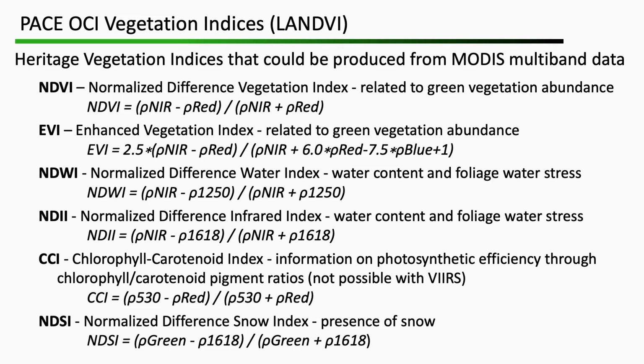NDWI and NDII make use of the near IR and SWIR bands to detect water content and amount of foliar water. The chlorophyll carotenoid index, CCI, provides information on photosynthetic efficiency related to leaf pigments of chlorophyll and carotenoid ratios. And then the normalized difference snow index describes the presence of snow and the fraction of snow cover within a pixel.